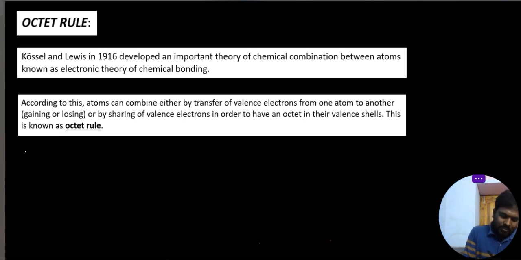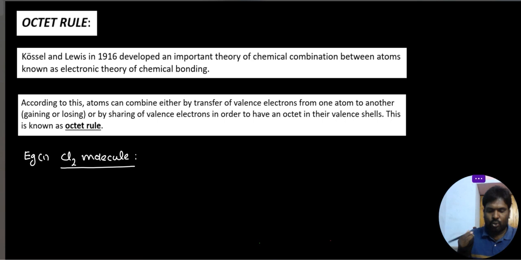Now, some examples. Cl2 molecule. Does it obey the octet rule or not? Chlorine is group number 17, or 7A, so 7 valence electrons are there.